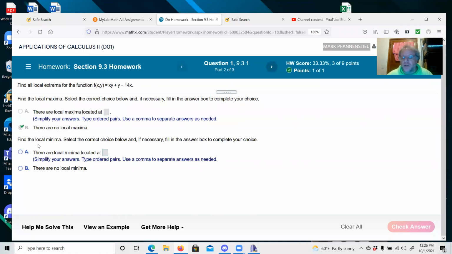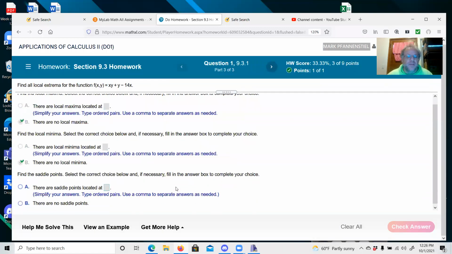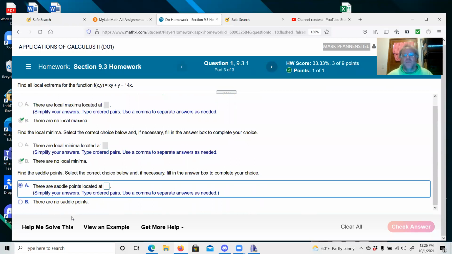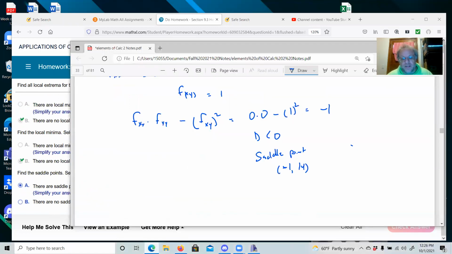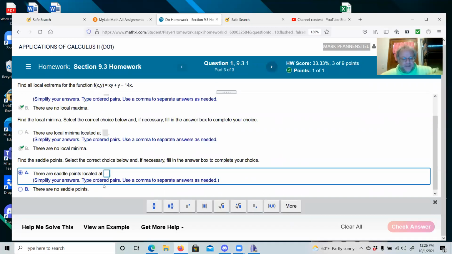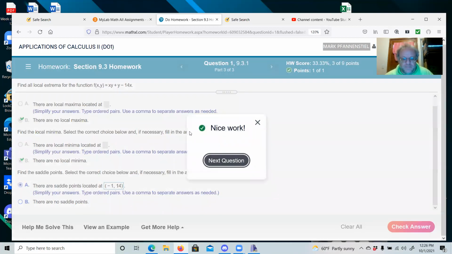Looking for minimums. There wasn't a minimum. It's a saddle point. So there are no minimums. Check answer. Great. Do we have a saddle point? There is a saddle point. Where is it? We said that was going to be at negative 1, 14. There we go. Check that, and we should be good.